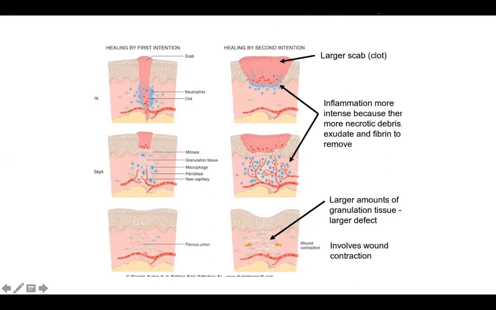Labda nikupe mfano au labda sijakuelewa vizuri. Ngoja nifungue browser internet nikuonyeshe kitu kinaitwa keloids. Kuna watu baada ya kupata ajali au baada ya kuumia au baada ya kufanywa upasuaji, kuna lile kovu linakuwa ni kubwa. Hiyo ni healing by secondary intention. Sijajua kama ndio hii unayoisema, au kuvimba kwa namna hii.